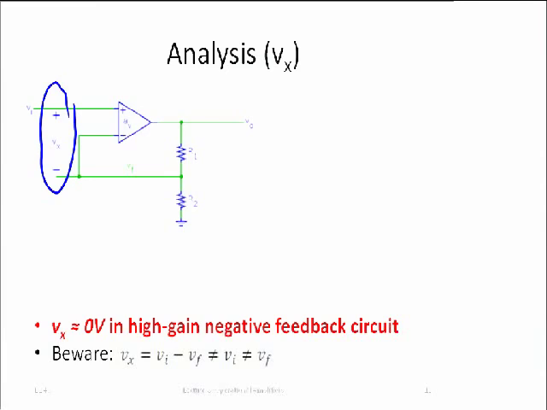Let's calculate that. So this voltage Vx is equal to the voltage here, well, that happens to be Vi, minus the voltage here, well, that happens to be Vf. And so that is equal to Vi minus F times V out, and F happens to be R2 over R1 plus R2, and V out is AV times Vx, right?